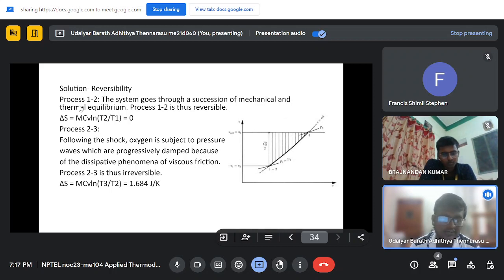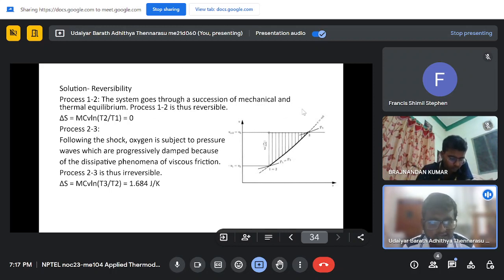You put it in Kelvin here, you have to put 27.7 plus 273, and for T2 also you put it in Kelvin. Then when you substitute you'll get 1.684 joule per Kelvin. So that is the change in entropy. This will show that this process is irreversible.